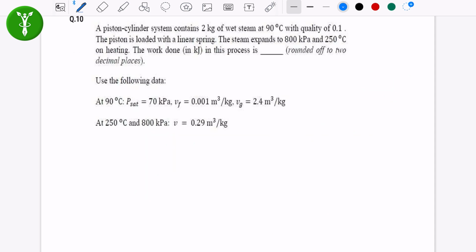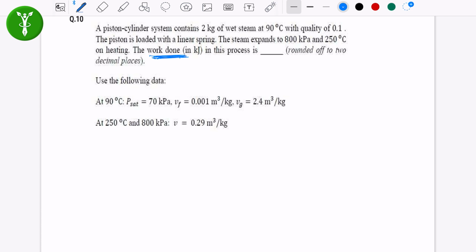This question is based on pure substances. Note that here we have to find the work done. It is very important to think in the direction of what has been asked. We have to calculate the work done here.